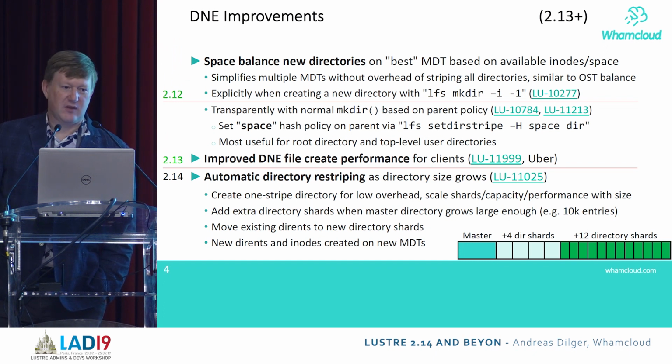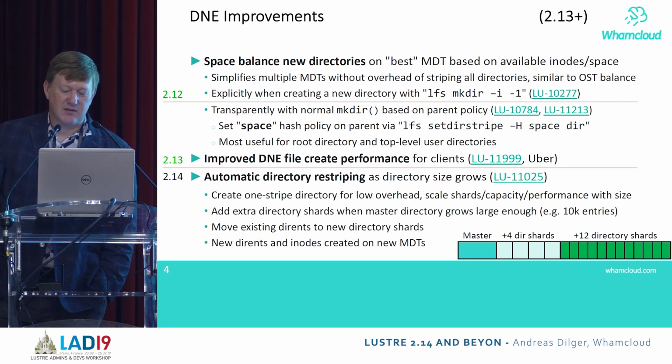and so that makes it easier if you set the space hash on the root directory, maybe the top directory of each user directory, and then their subdirectories will be balanced to some extent across all the MDTs.